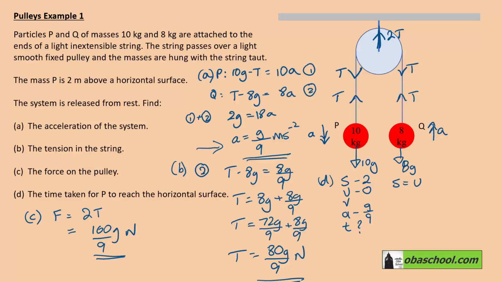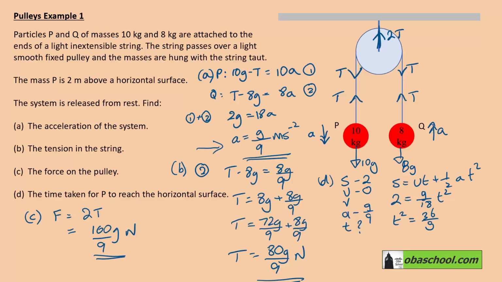So we're going to use s equals ut plus a half at squared. So 2 is going to be, this bit disappears because u is 0. And if a is g over 9, a half of that would be g over 18. So t squared, rearranging that, 18 comes up here, so it's 36 over g.